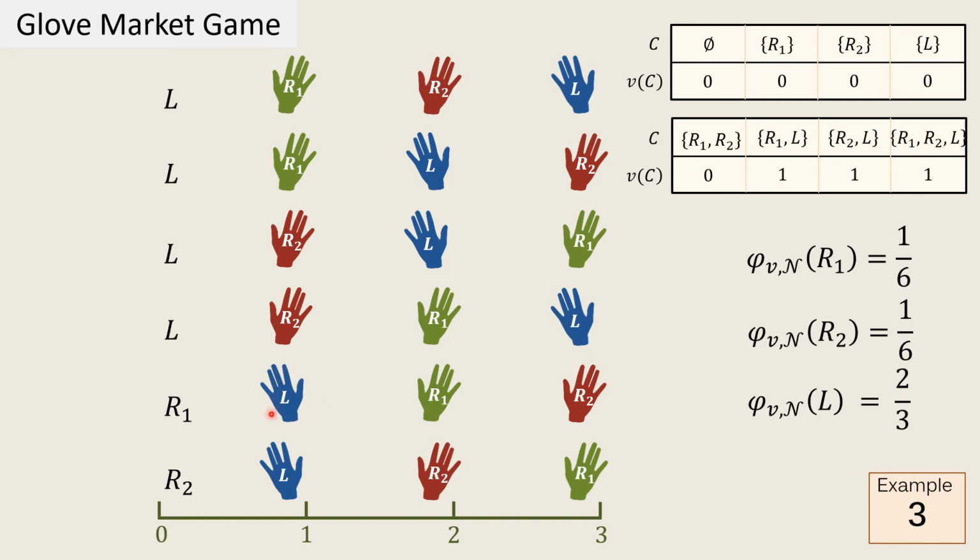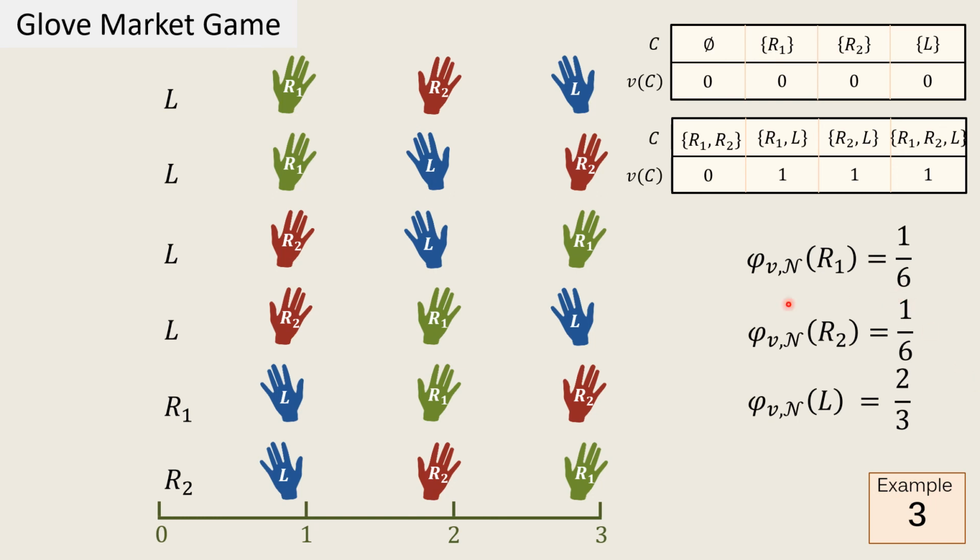So L is the coalition, and then R1 is added. The marginal contribution of R1 is 1 because now we get a pair, and so it's only this case we consider, 1 out of these 6, where the marginal contribution of the R1 glove is 1. So the Shapley value of R1 is 1 over 6.